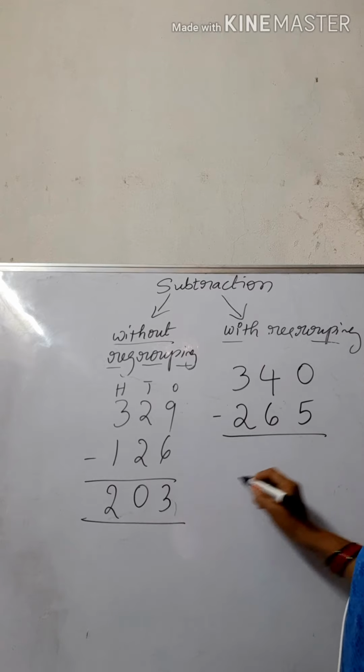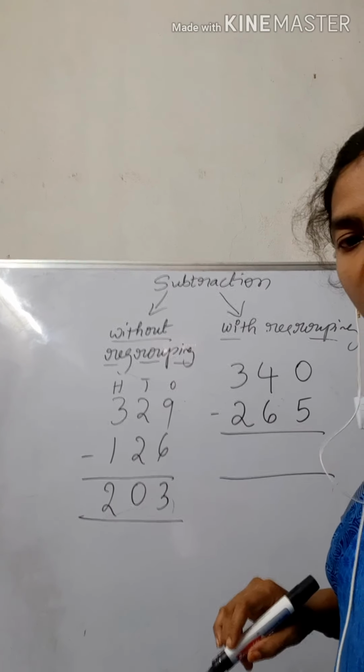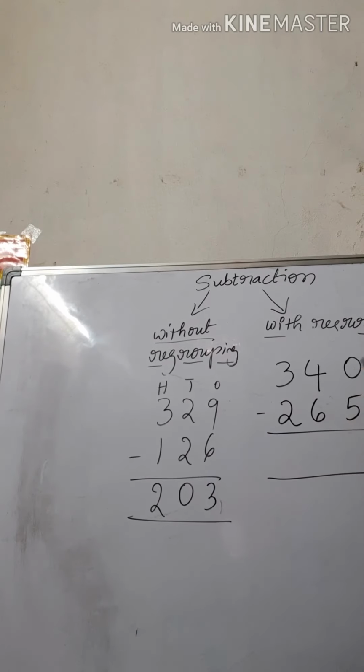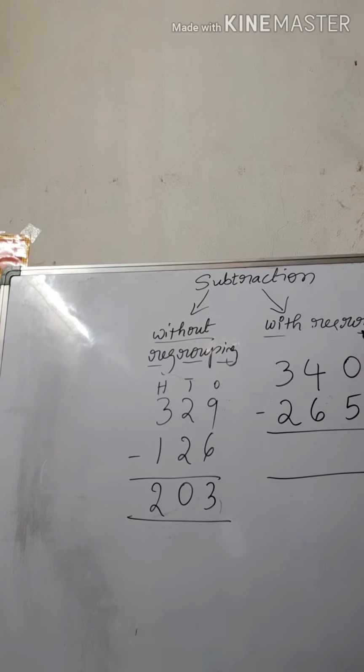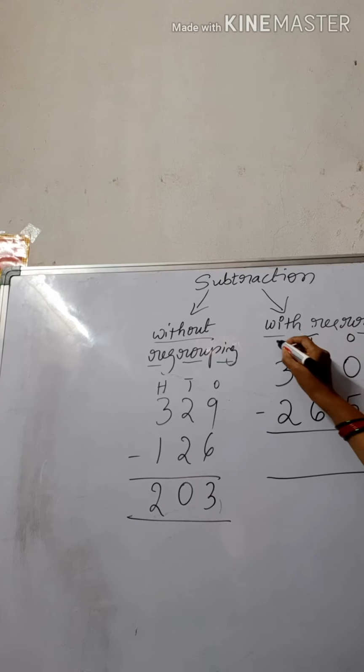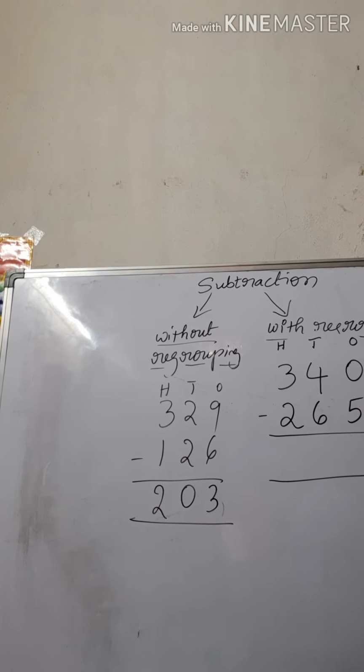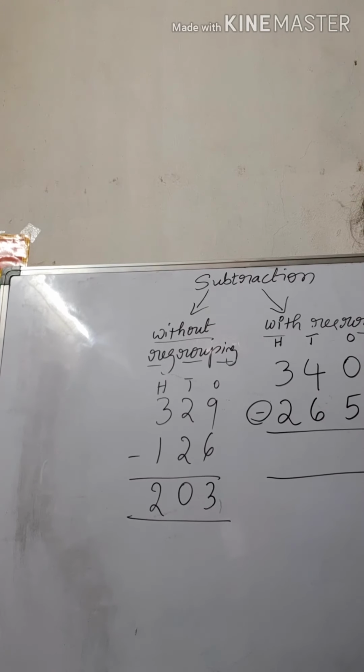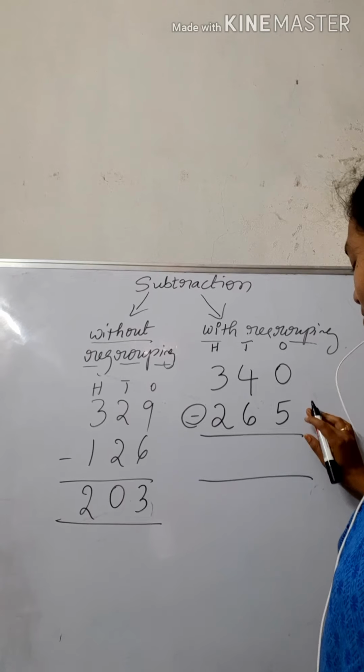So here you have to subtract 340 minus 265. First of all, before doing subtraction, we have to write place values on top of the number. Now here under ones place we have 0. So 0 minus 5, is it possible?